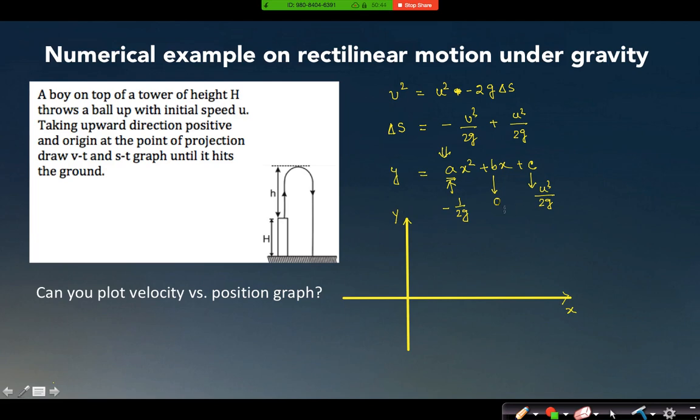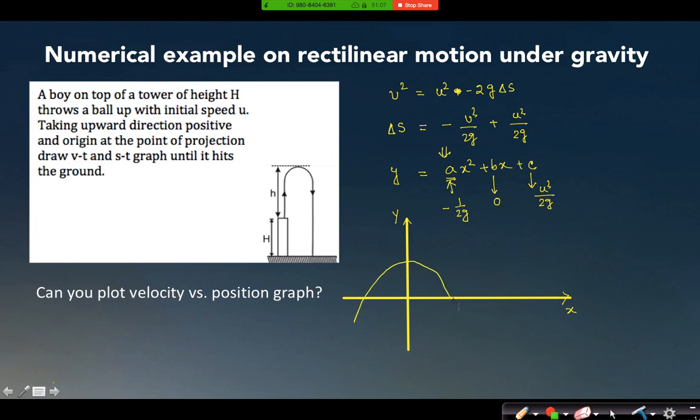What will be the symmetric line? Can you tell me what will be your symmetric line for this graph? The y-axis itself, because the symmetric line will be x equal to minus b by 2a, and you will find that x equals 0 for that case. So this is your symmetric line, and your graph should look like this.